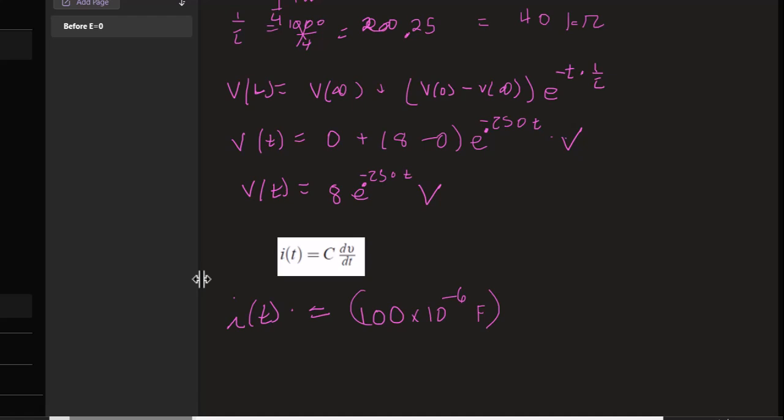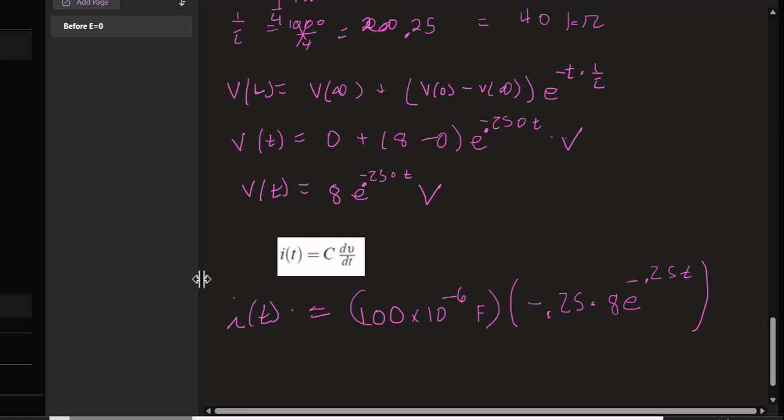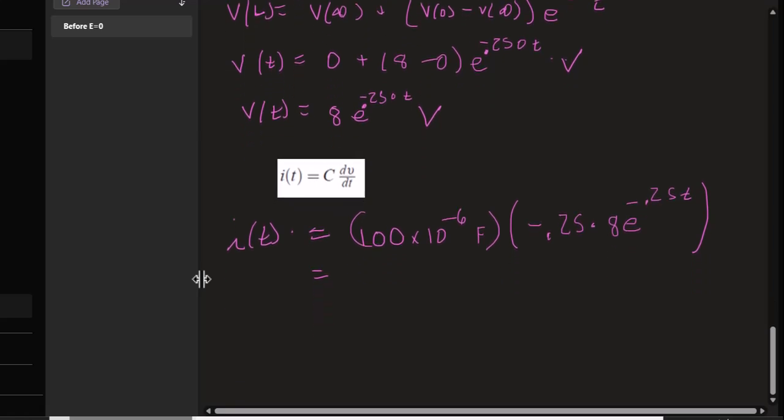and then take the derivative of the voltage. So the derivative of the voltage will be negative 0.25 times 8 e to the negative 0.25 t. So negative 0.25 times 8 is negative 2.